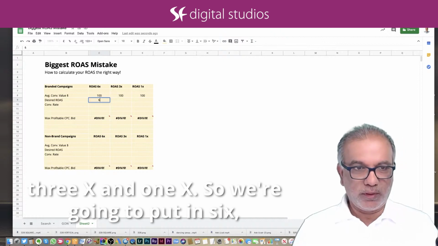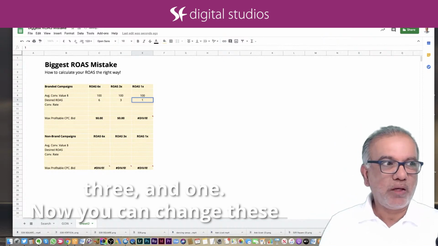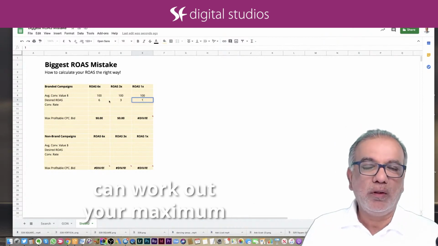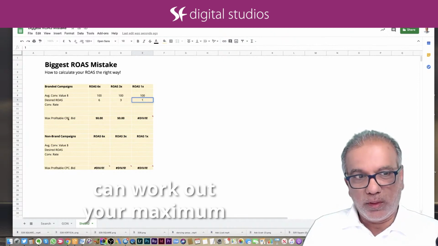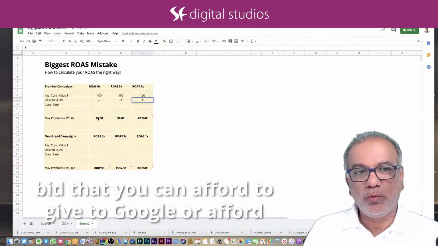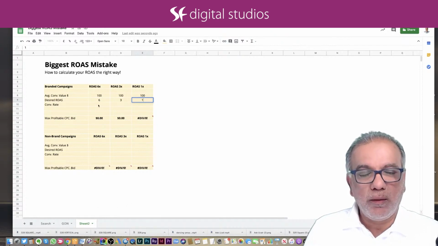So we're going to put in 6, 3, and 1. Now you can change these if you want, that's not a problem. And then you can work out your maximum profitable CPC bid. What bid is your maximum bid you can afford to pay Google to be profitable for your return on ad spend.